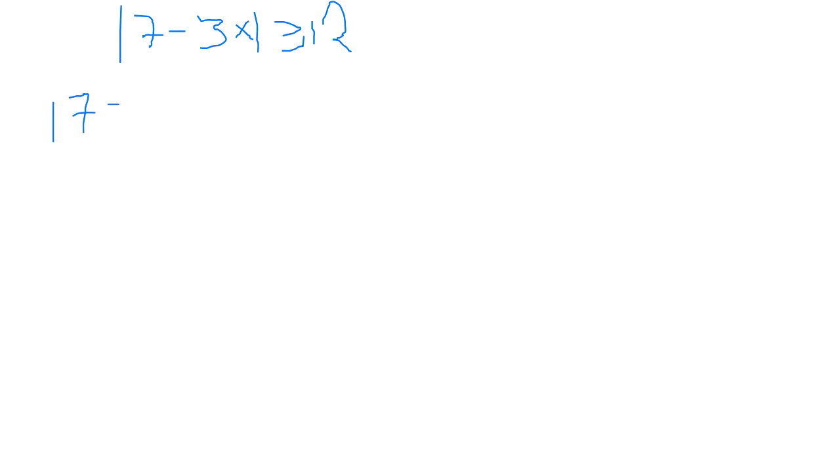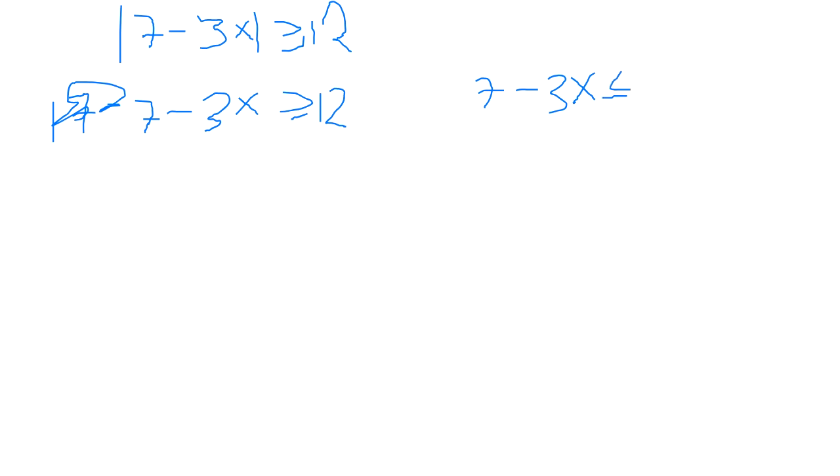When we remove the absolute value, we are going to have 7 minus 3x greater than or equal to 12. Then the next one we are going to have 7 minus 3x less than or equal to negative 12. Positive and negative. It is one clear.